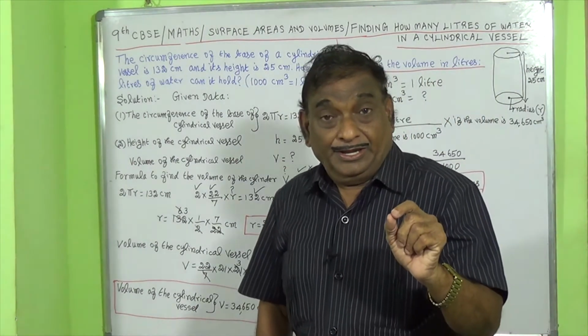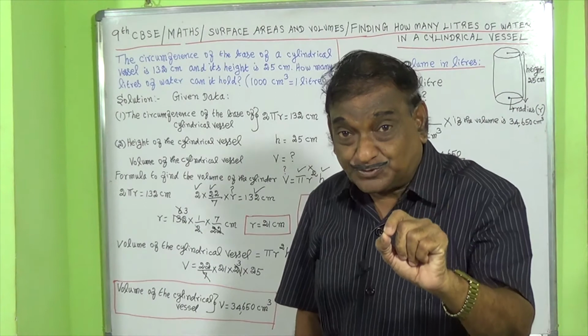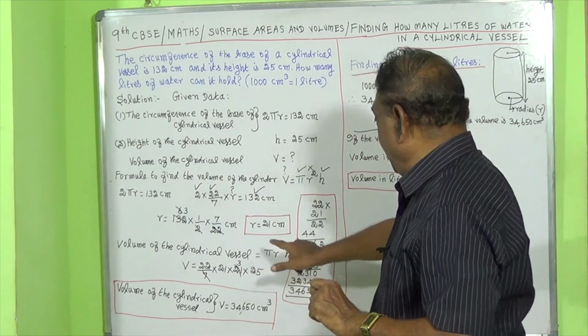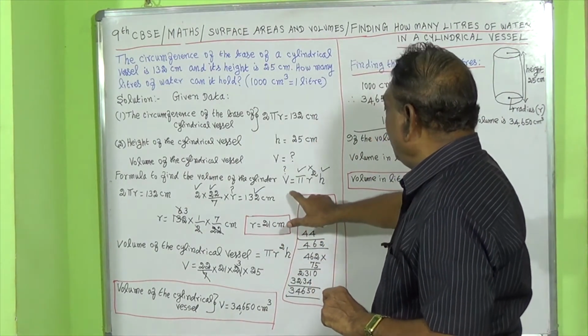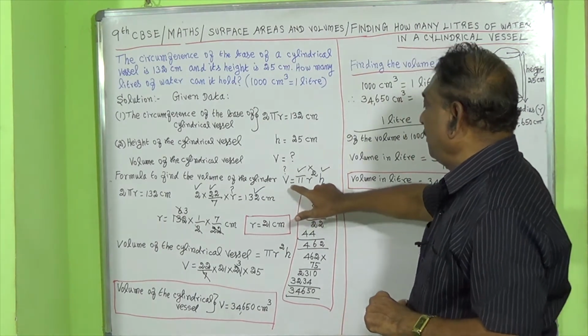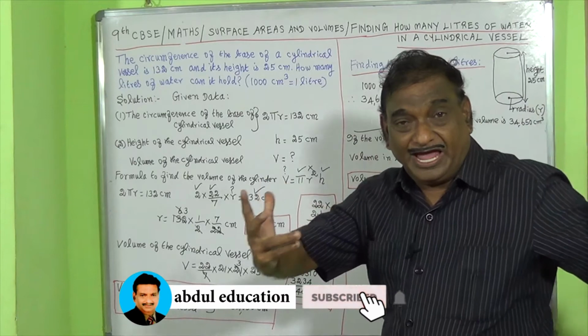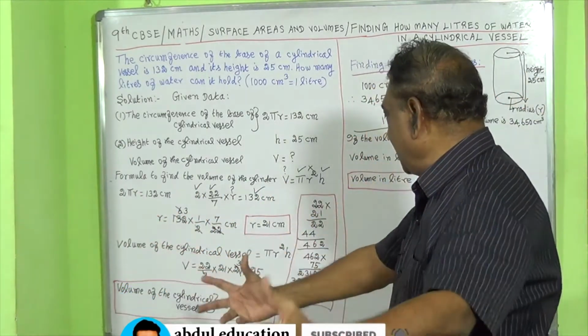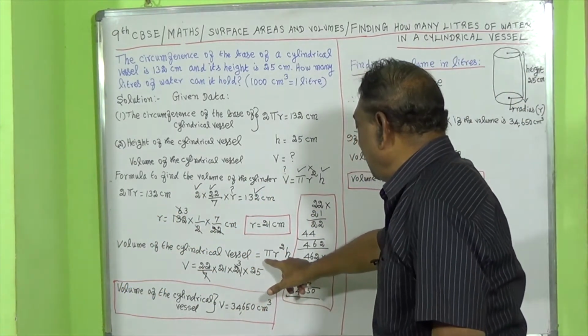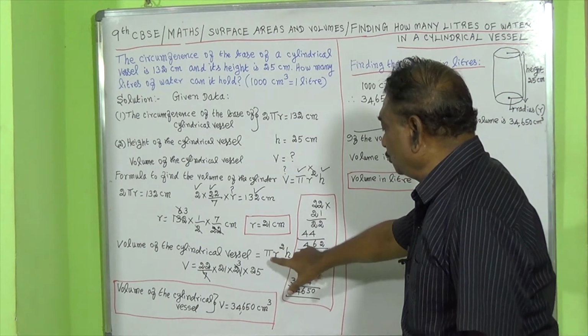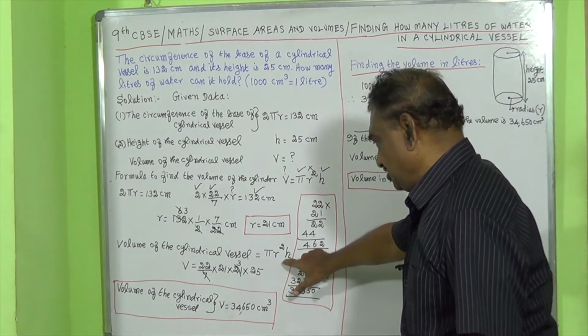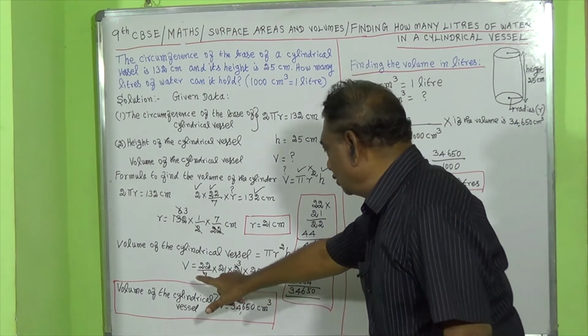Then if we substitute this radius in the formula for the volume of the cylindrical vessel, we can now easily find the volume. The formula is, as already told, pi r square h. So capital V equals pi.